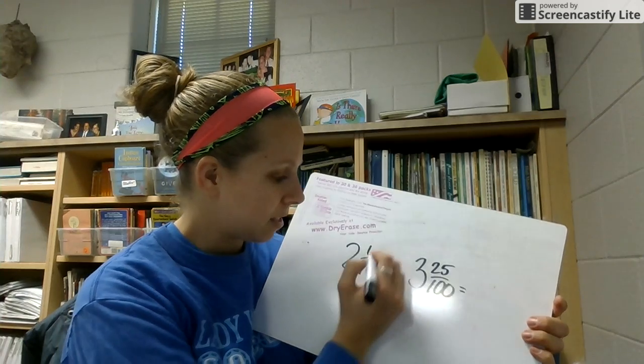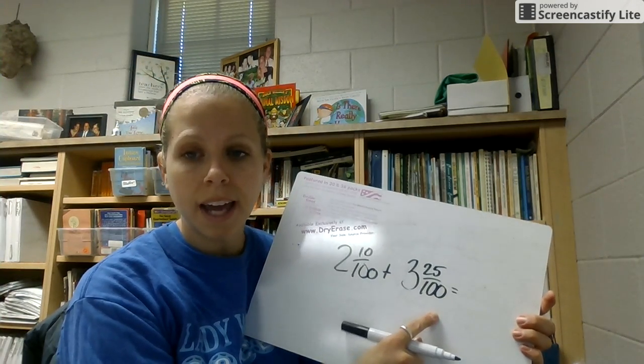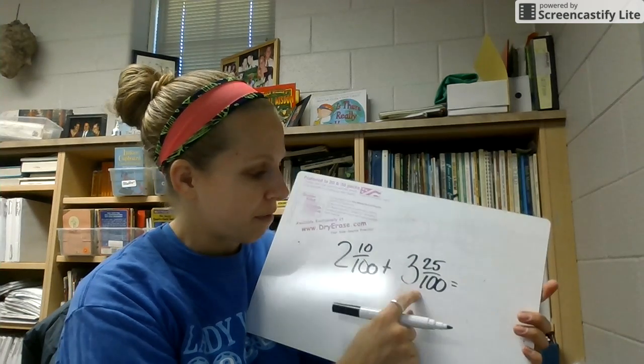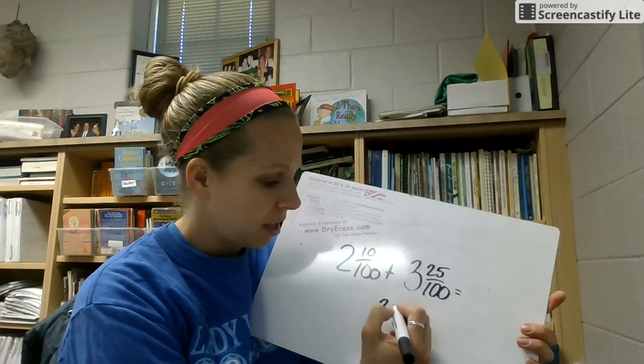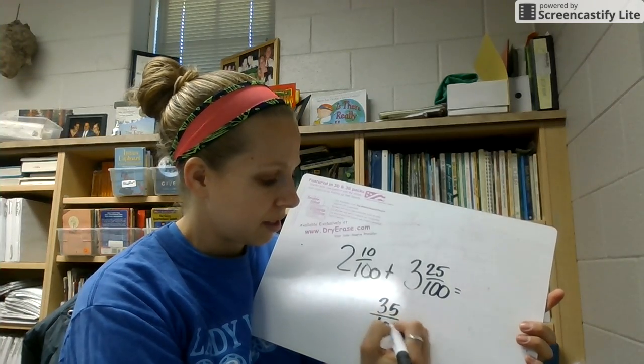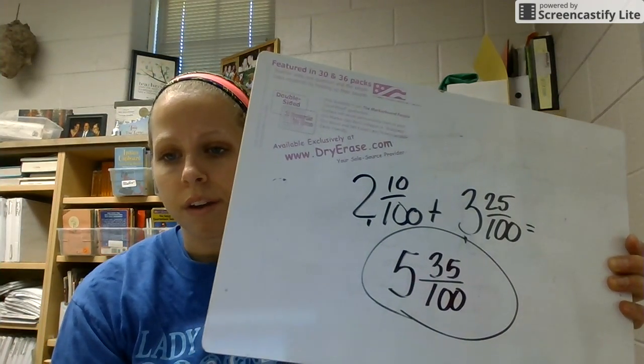You can make this 2 and 10 hundredths. And now all of a sudden I can add my fractions. So 10 hundredths plus 25 hundredths is 35 hundredths. And 2 plus 3 is 5. So my answer is 5 and 35 hundredths.